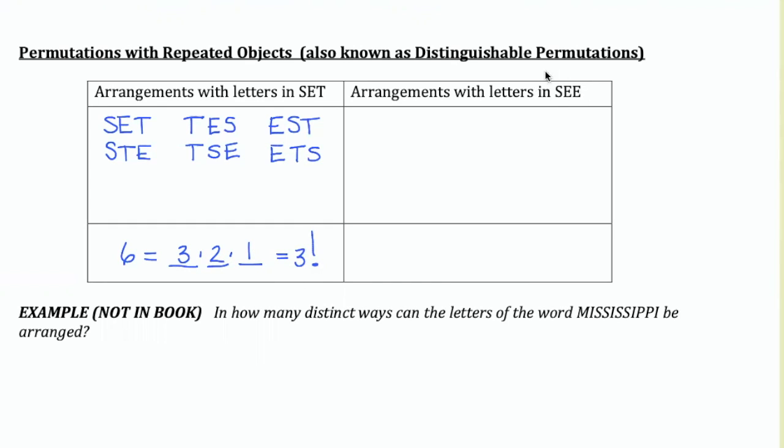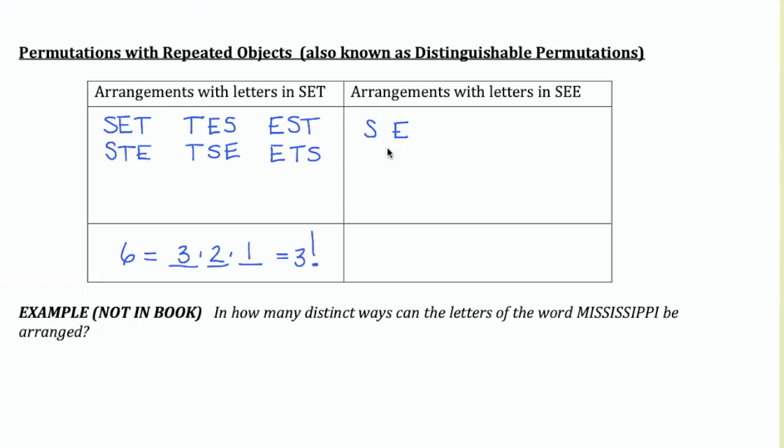Now, if I was taking the word SEE and asked to write out all the different ways you can organize those letters, well, E like this and E like this are not distinguishable. I can tell you, oh, this E was first and this E was second, and this time I switched them, but you can't actually distinguish a difference.